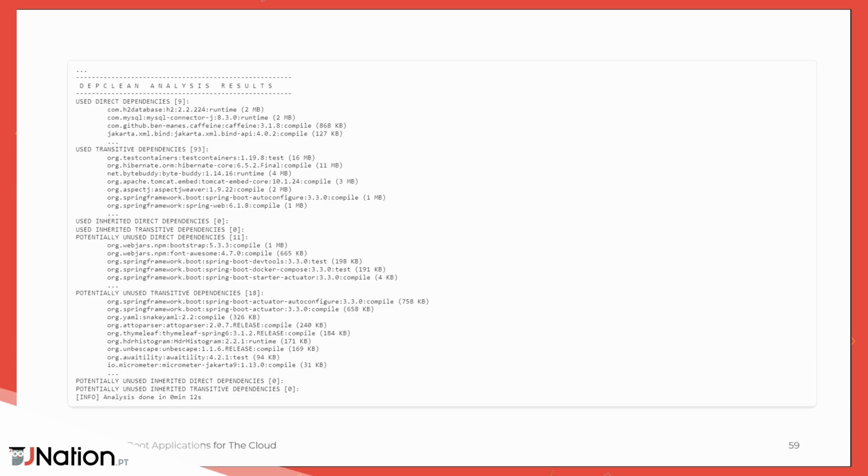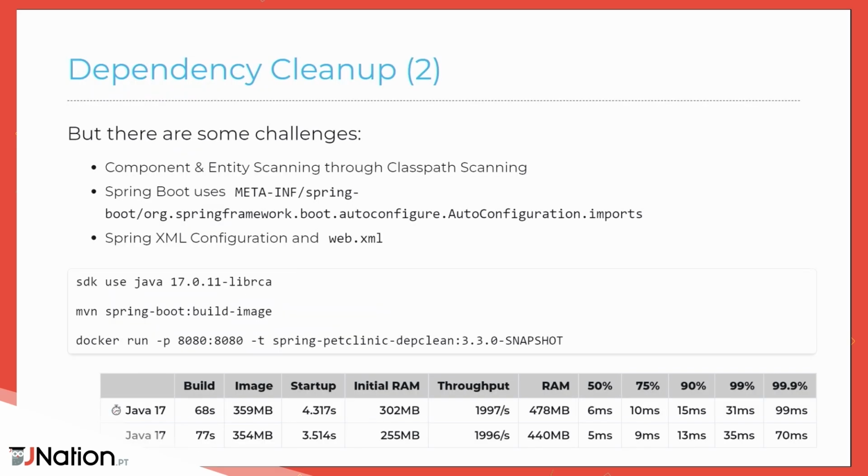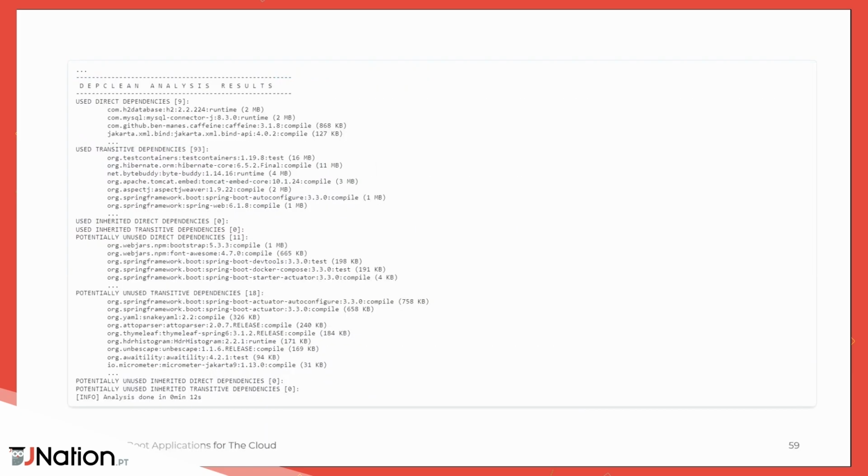Or other things, if you're still using a web.xml, and you can do that with Spring Boot 2, I mean, you don't need to, but you could, or other XML configuration files, then it's quite hard for the tool to find those things. So it won't find this. And it is also not aware of Spring Boot at all. That means the auto configuration imports file is not recognized.